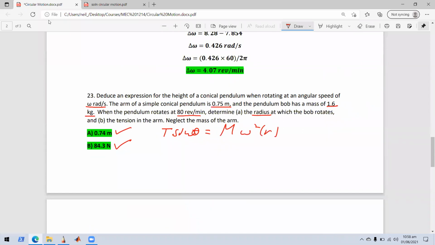So you can plug in your value for r that you just found, or you can use the length of the arm, 0.75 sine theta, and that would cancel out. The mass is 1.6. So T should be equal to 1.6 times omega squared, which needs to be converted, times 0.75. That should give you the 84 as well, right?